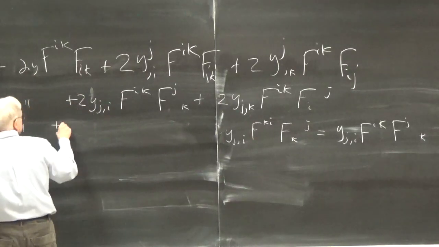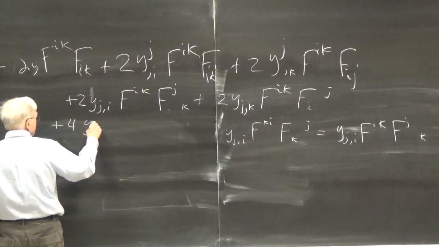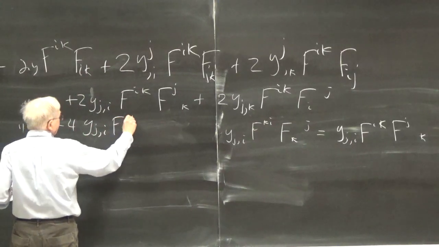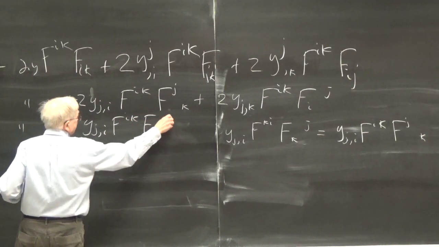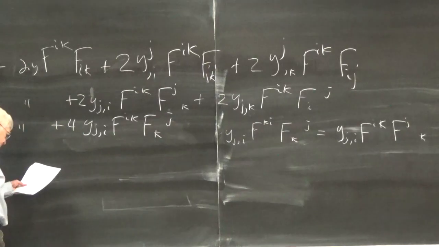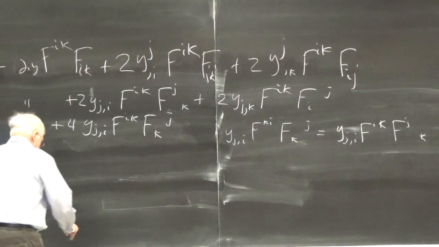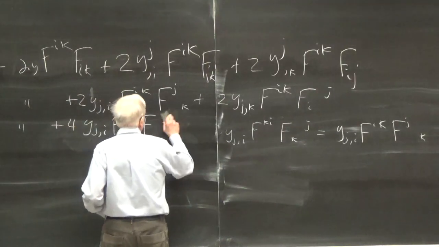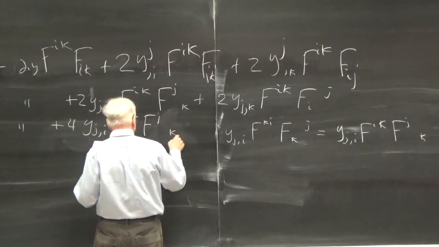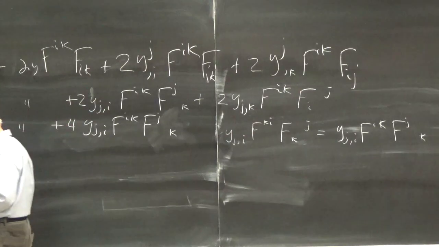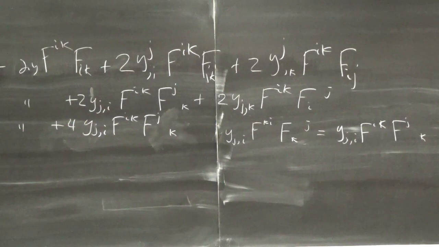So this thing is altogether plus 4 y_{j,i} f_{ik} f_{jk}.